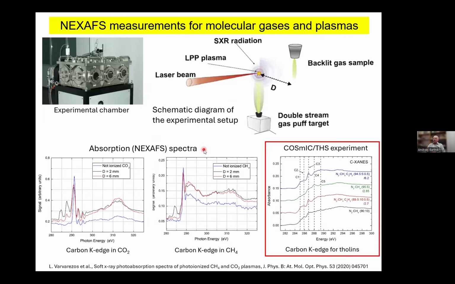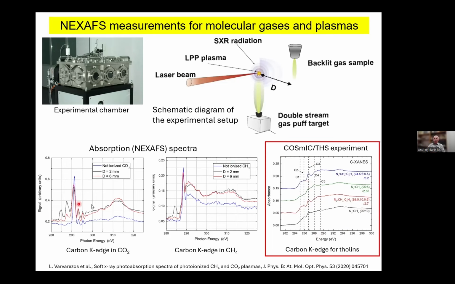I showed in one of the previous slides an experiment performed at NASA with the Cosmic system, where tholins were detected using the SANES method.